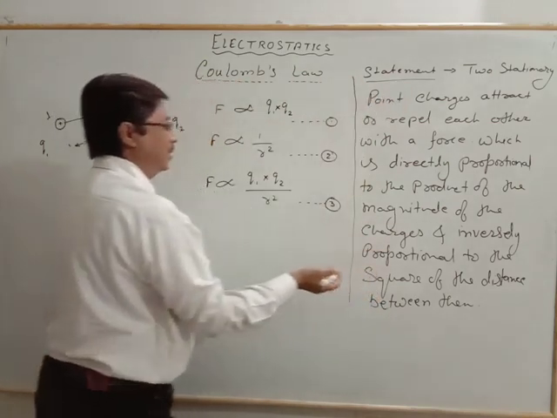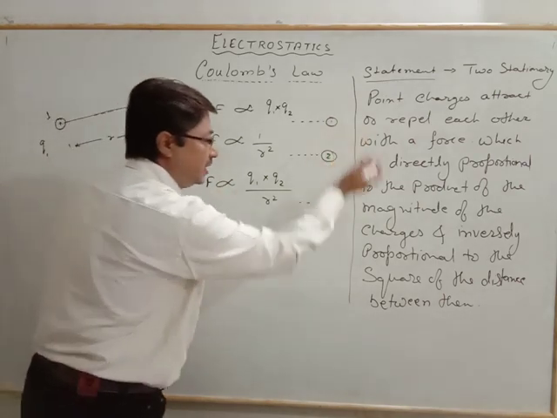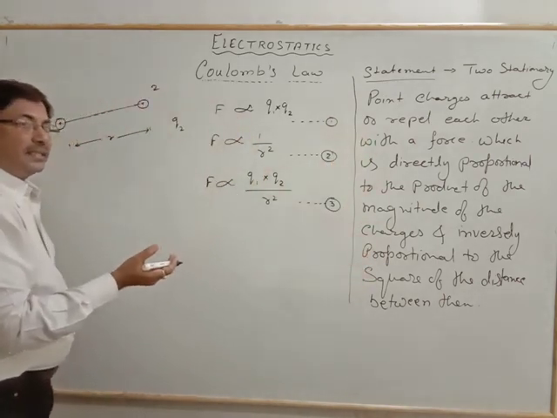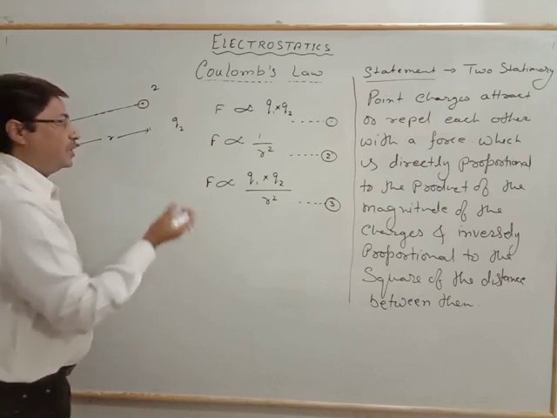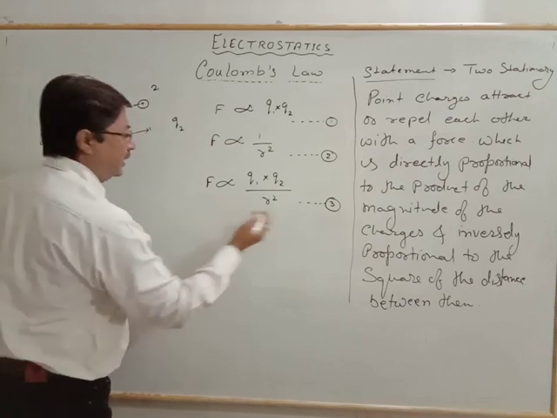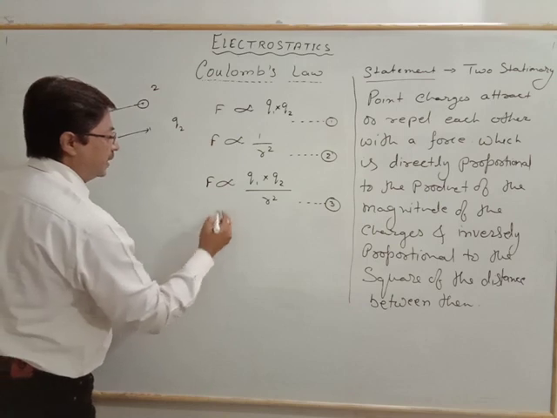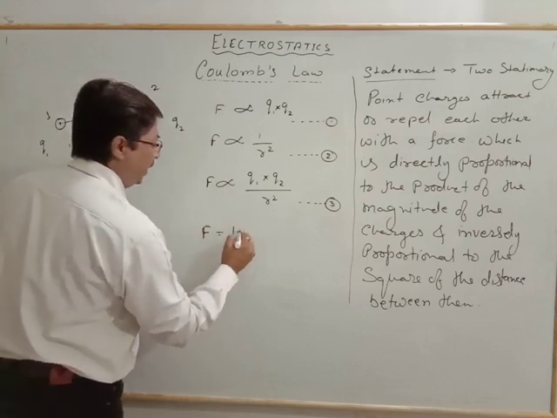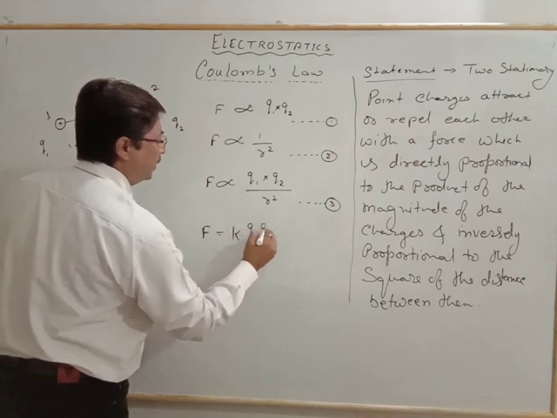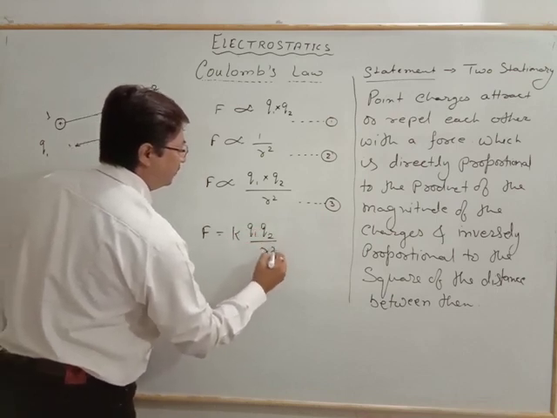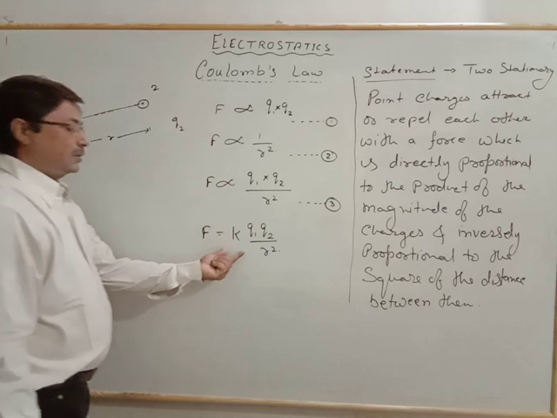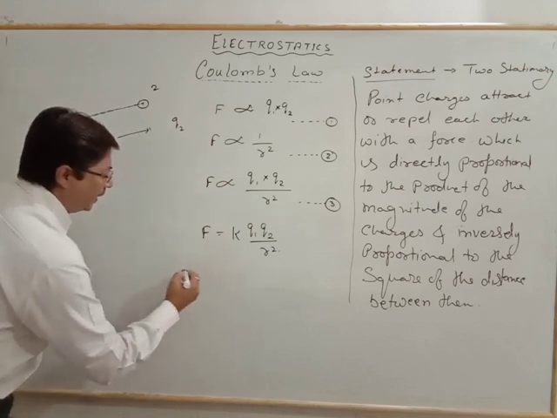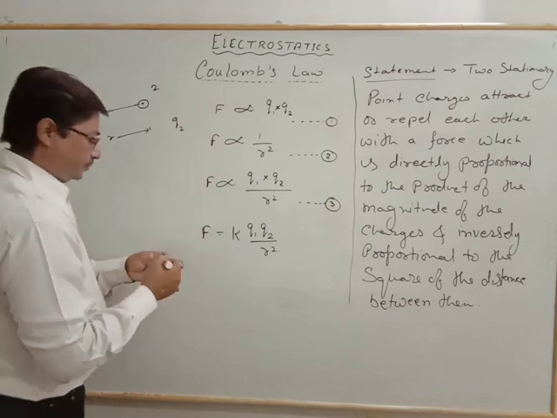According to this statement, we find the repulsion or attraction, that is, the force between the two charges. Here we consider the constant of proportionality, so F equals K Q1 Q2 by r square, where K is the constant of proportionality.